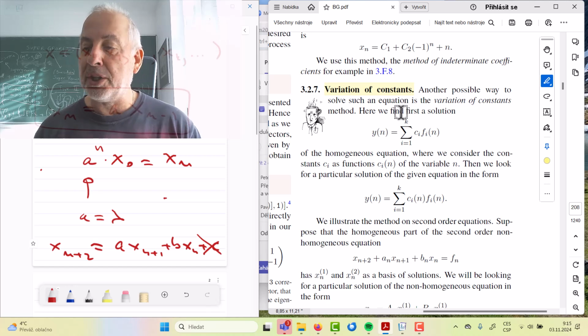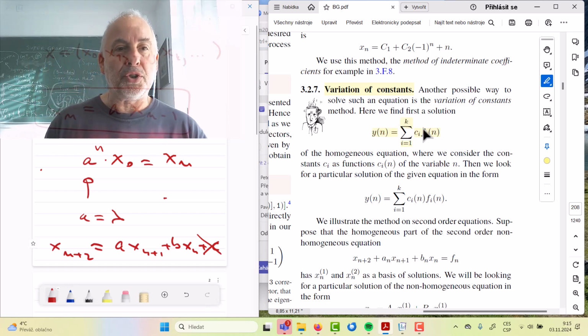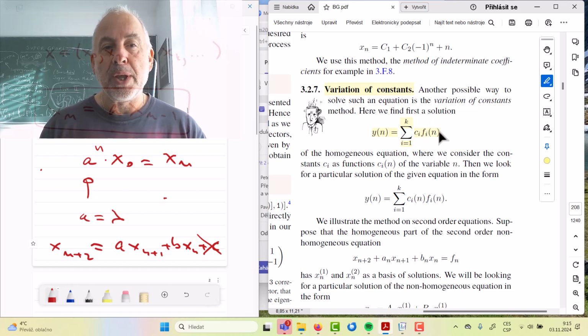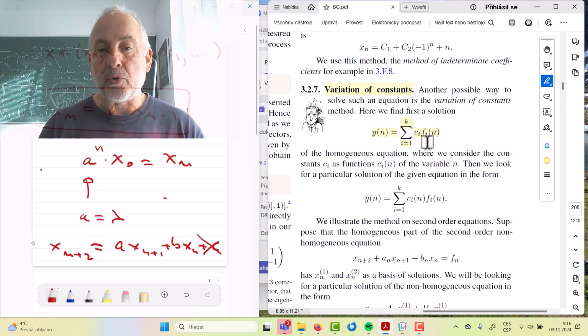The point is that if we find the general solution of the homogeneous case, there will be the k special solutions, which we know will be the exponential ones with the corresponding lambdas, and there are some scalar coefficients, so the general linear combinations give you all the solutions.